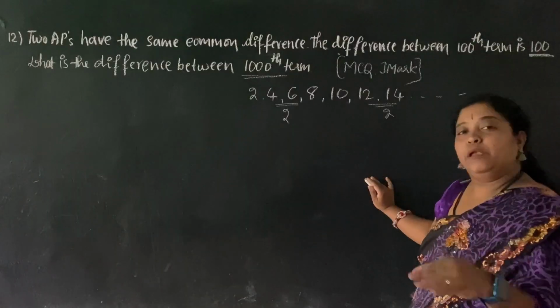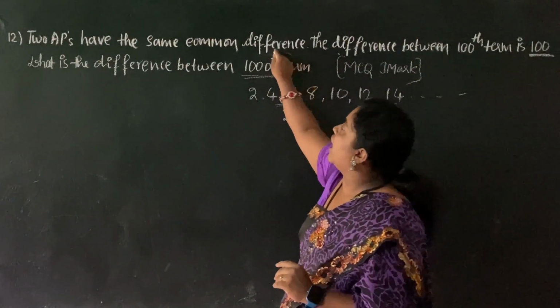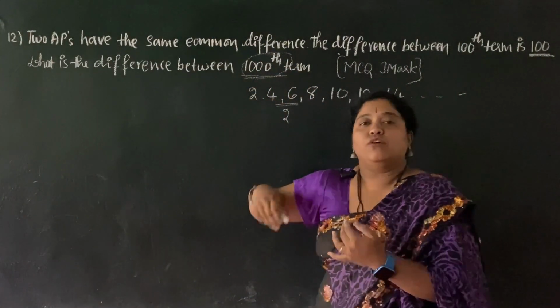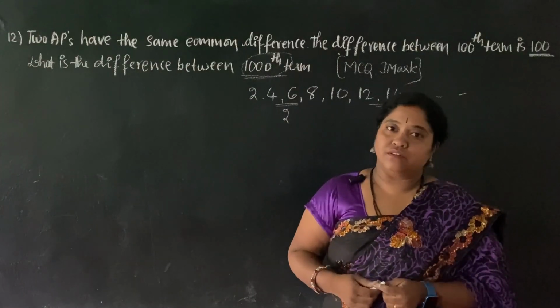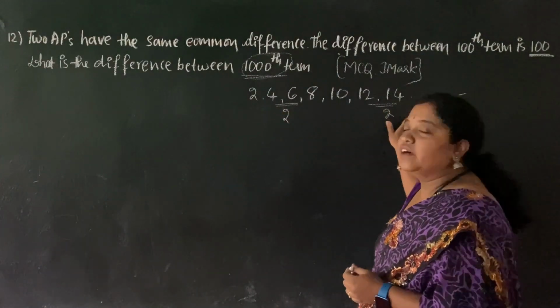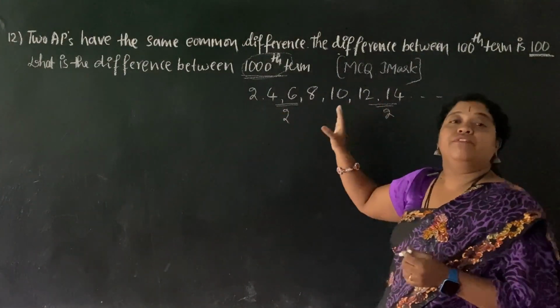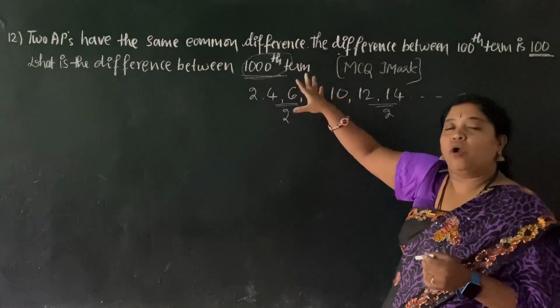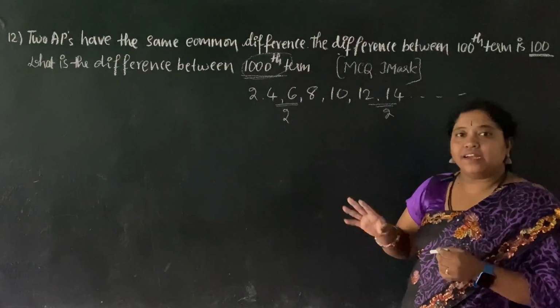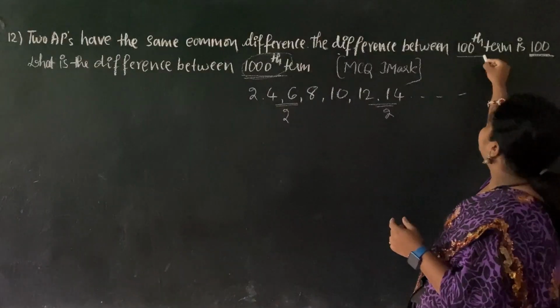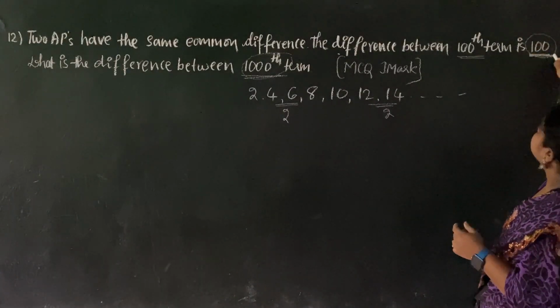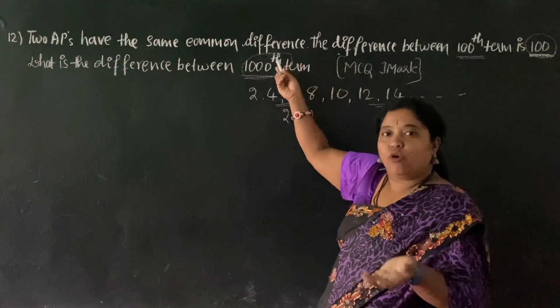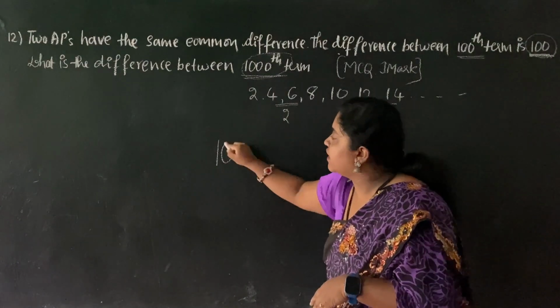So now what you people will get confusion about is if they are asking the thousandth term, so let me write the common difference as 1000. Common difference never changes. Common difference remains the same. That is why it is called an arithmetic progression. Understanding? So if the 100th term has the common difference 100, then the 1000th term also will have the common difference 100.